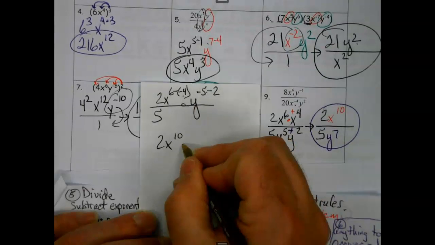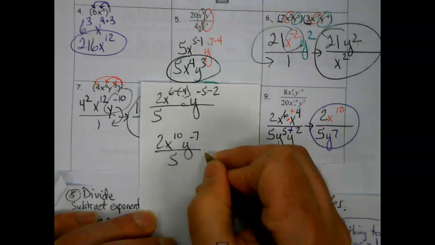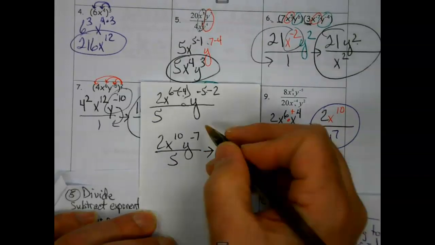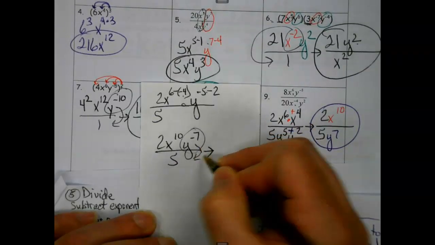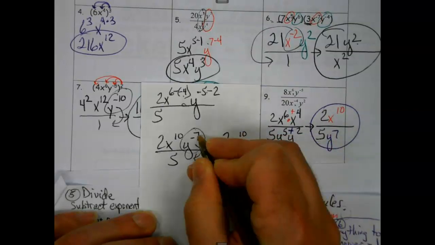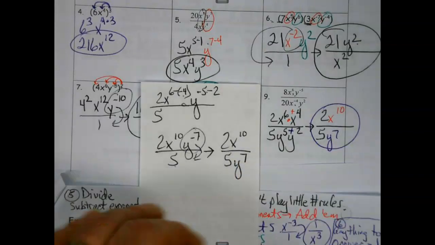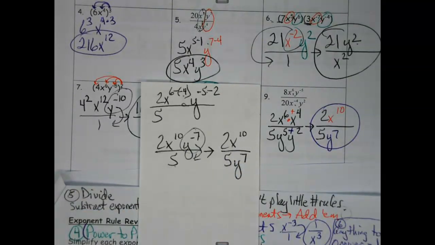Negative 5 minus 2 would be negative 7, but we don't want our variable to be unhappy, so we'd flip the negative 7 to the bottom, and I get the exact same thing.